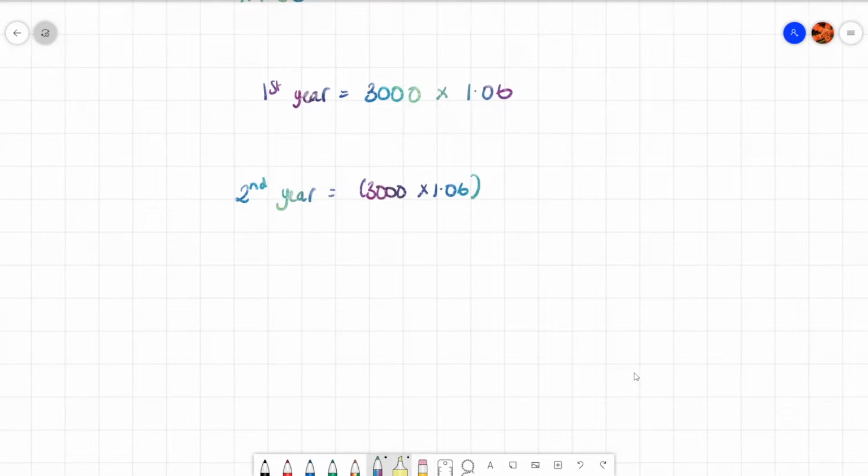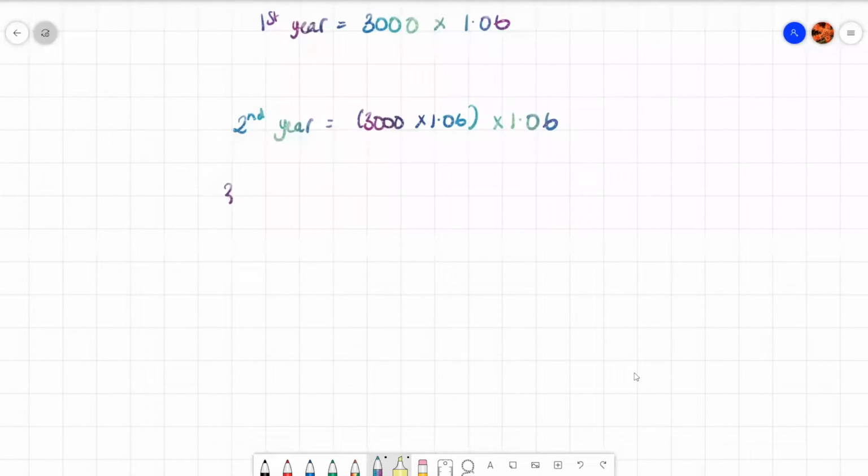But I'm going to get 6% more than that, so I'm going to times that by 1.06. Then my third year, I'm starting off with 3,000 times 1.06 times 1.06, and then I'm getting 6% more than that, so I'm going to times that by 1.06.